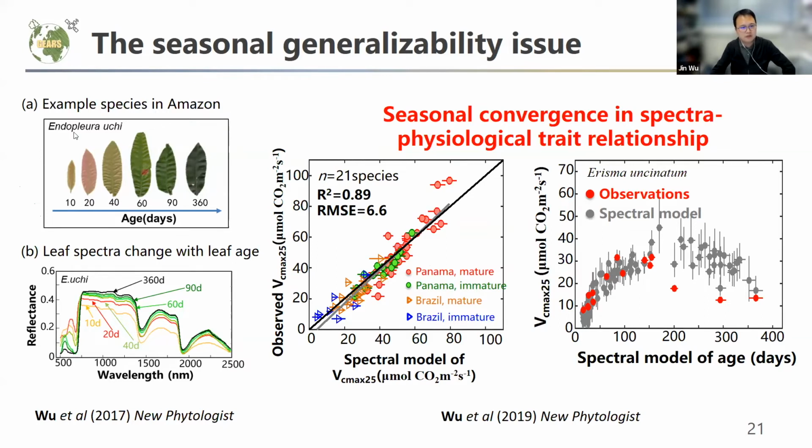For example, if a leaf is less than 30 days old, we assign it as immature. So we found a single model can capture all the sources of variability in the tropical region, whether associated with the species, leaf aging, or the growth environment at each site. The model is actually quite good.